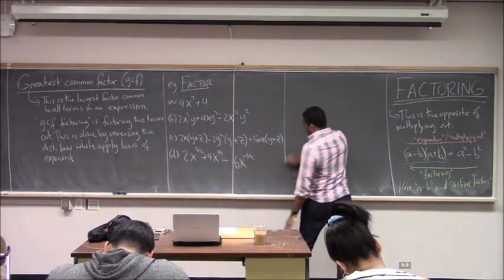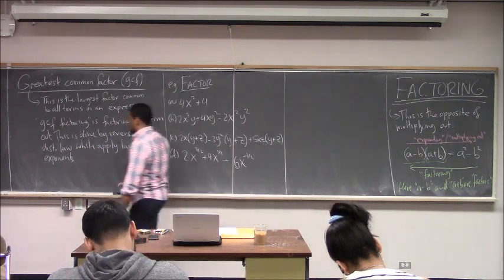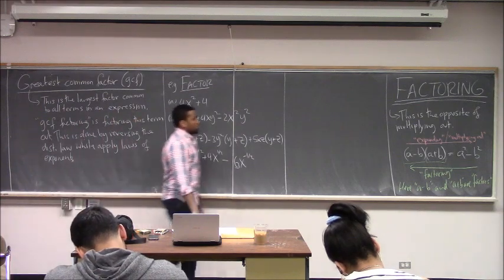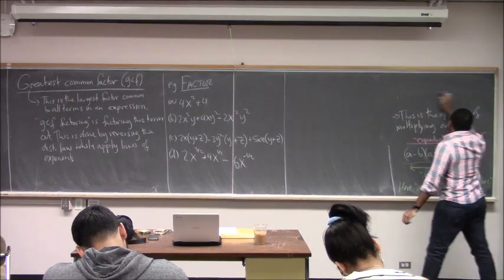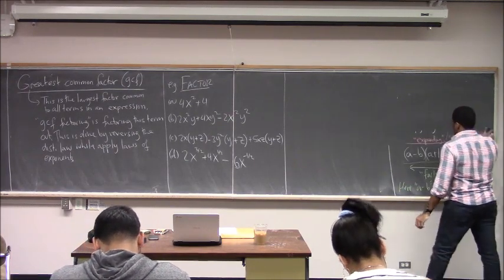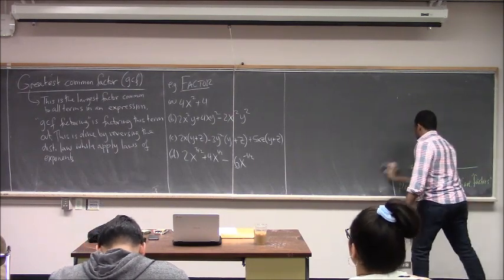Now, a key component in factoring all of these is factoring out the GCF. So we want to identify the greatest thing that is common to everyone. How do you find that thing?